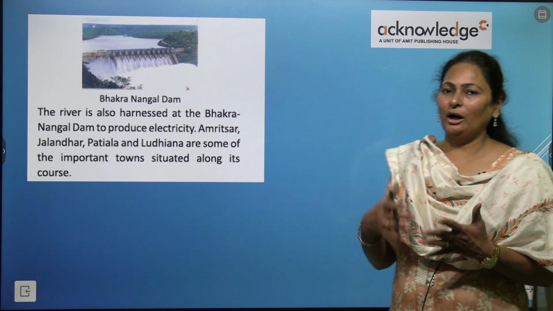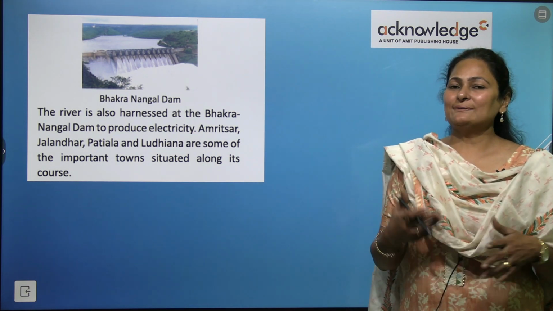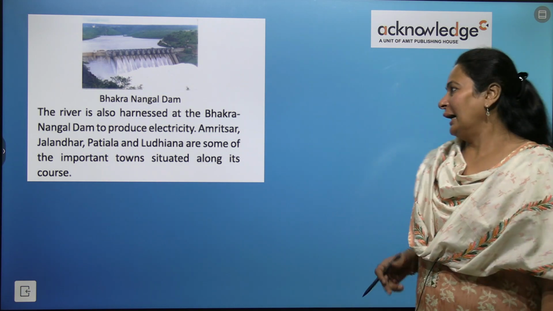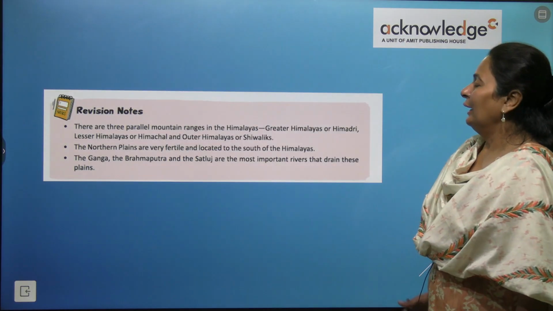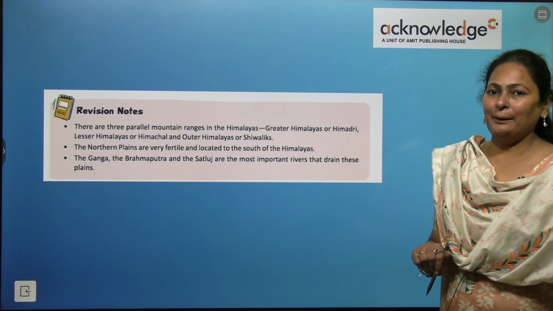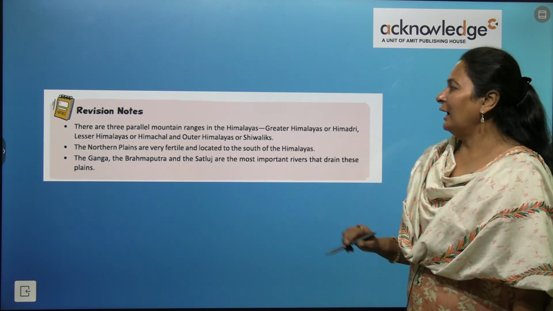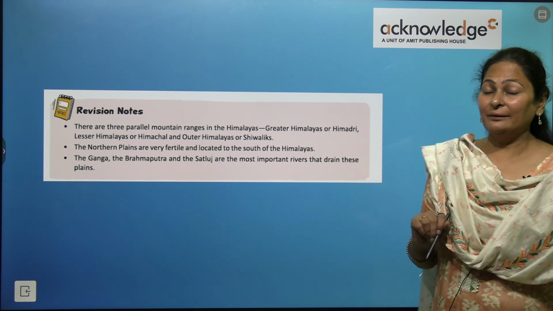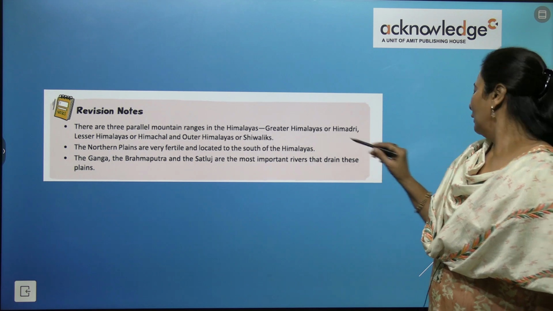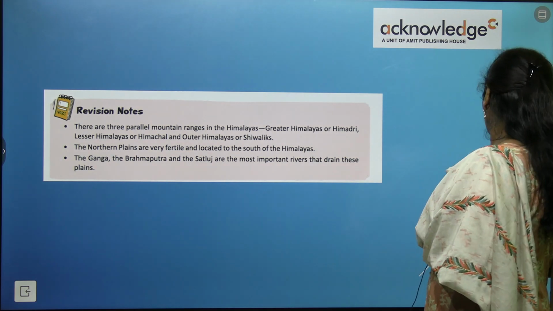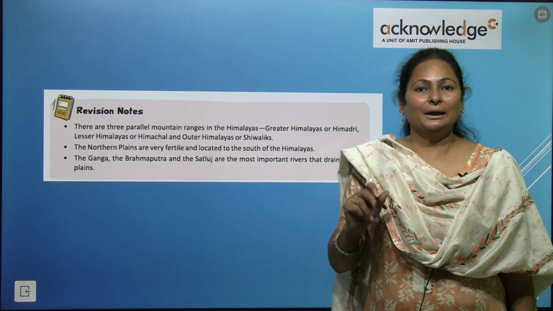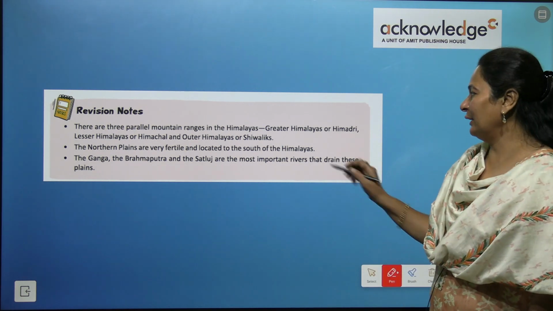So, that's all for the Northern Plains. We have learned about the three river basins and their crops and other significance. Now it's time to revise. There are three parallel mountain ranges in the Himalayas, and these are Greater Himalayas or Himadri, Lesser Himalayas or Himachal, and the Outer Himalaya or Shivalik range.